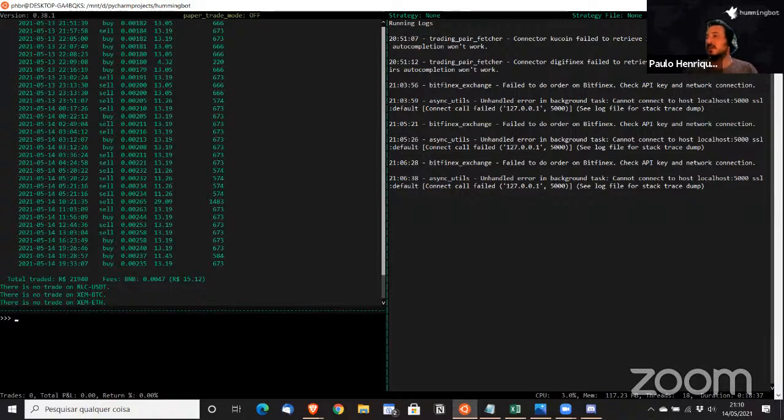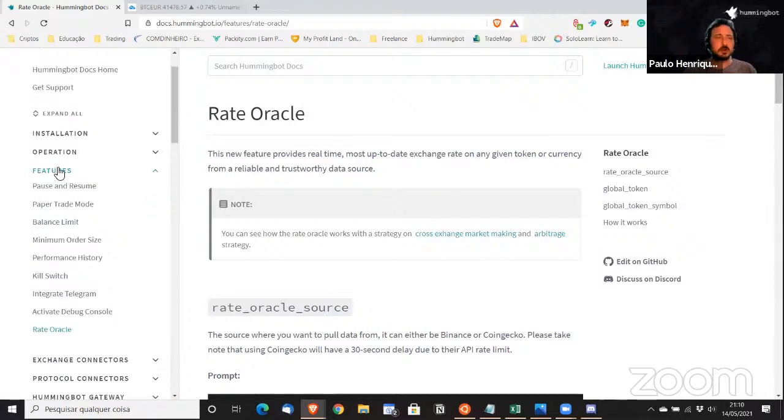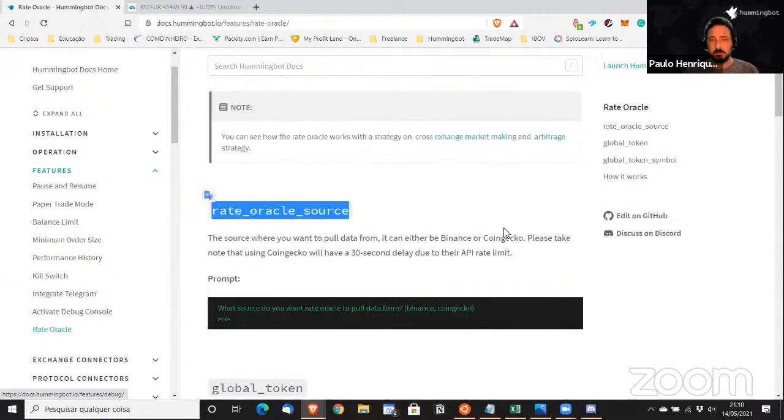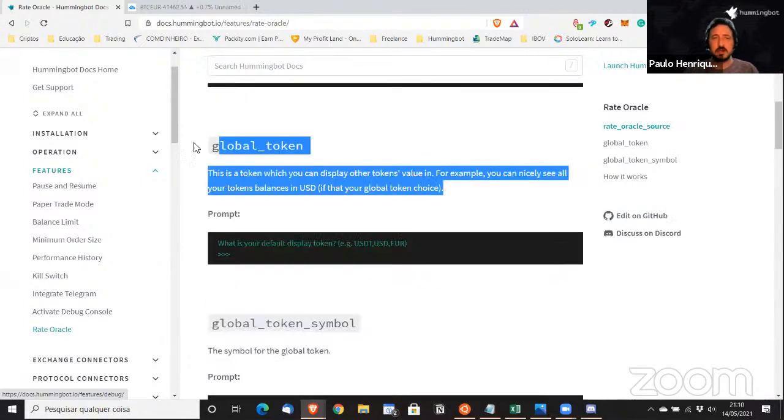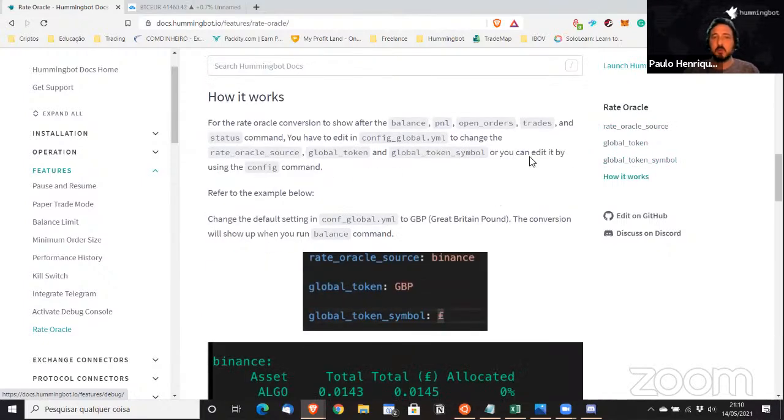Let me get back here to the reference page. If you want to see more details on our doc page, you can always come to features, rate oracle. It will have all the details, everything that it can do, right? For example, the source, the global token symbol, and what else you can see here.